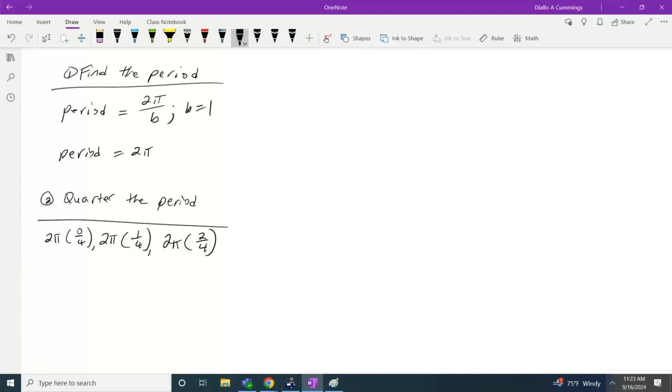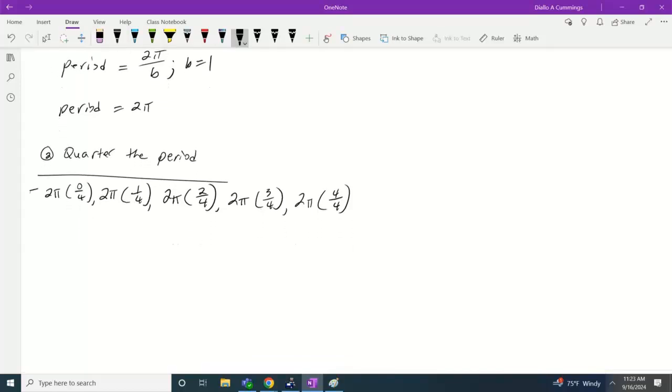And 2 over 4 is a half, but I just want you to see how we're quartering the period. Next, I'm going to multiply 2 pi by 3 over 4. And then lastly, we're going to multiply 2 pi by 4 over 4, which is 1.